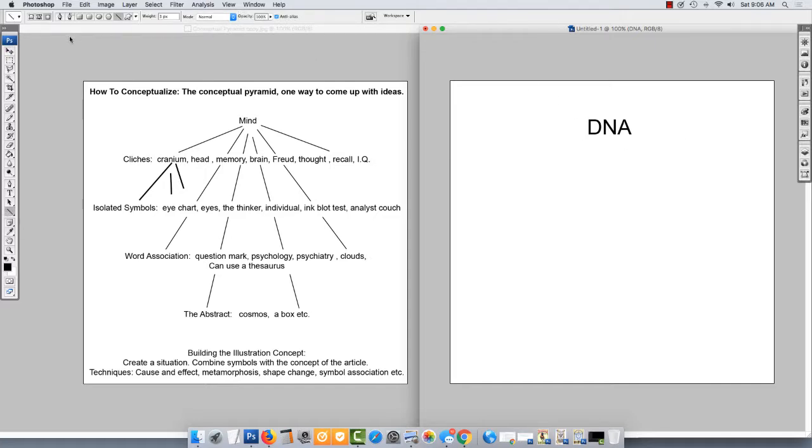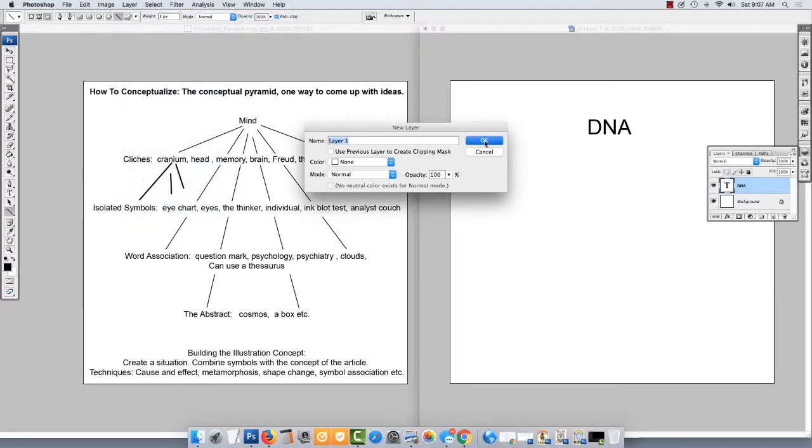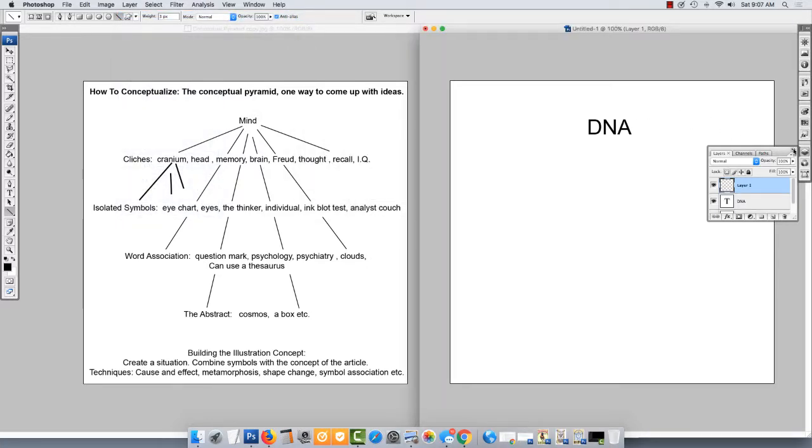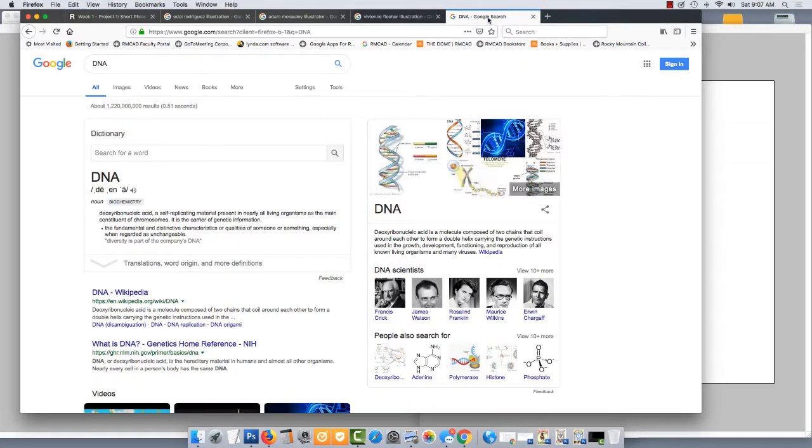And then I'd start with, let's see, we're going to go to a new layer. Of course, I have an older version of Photoshop. And so what is DNA? Then I'd go onto the internet. The internet is my favorite thing, and I use Google image search for everything.